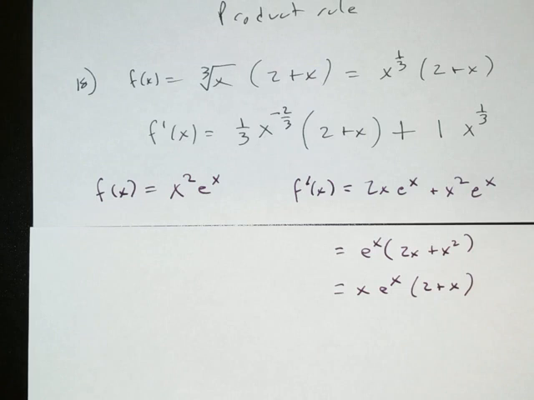There's a question on the homework that asked, where is my tangent line horizontal? How do you know when a line is horizontal? Set what equal to 0? The slope.